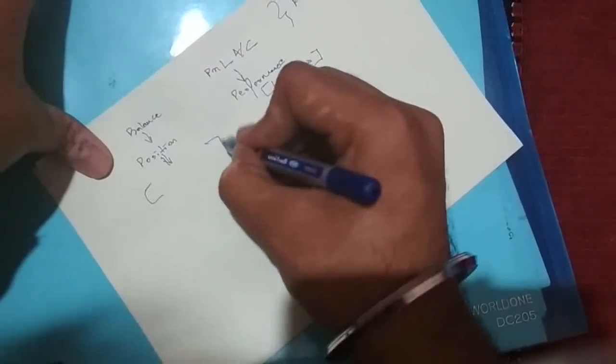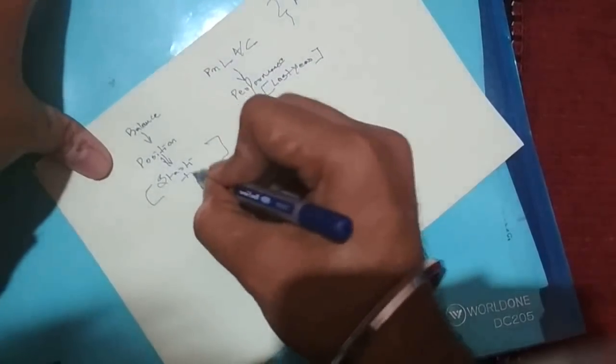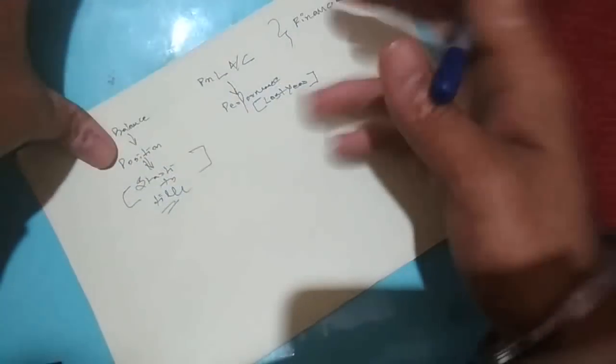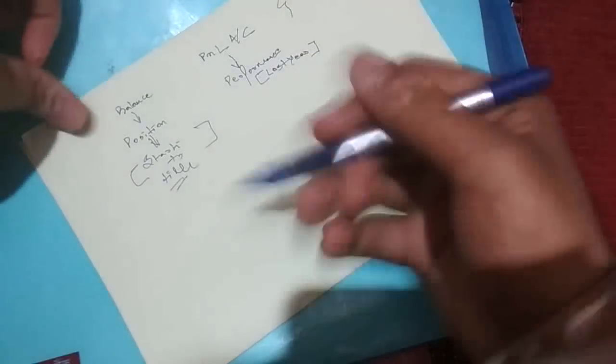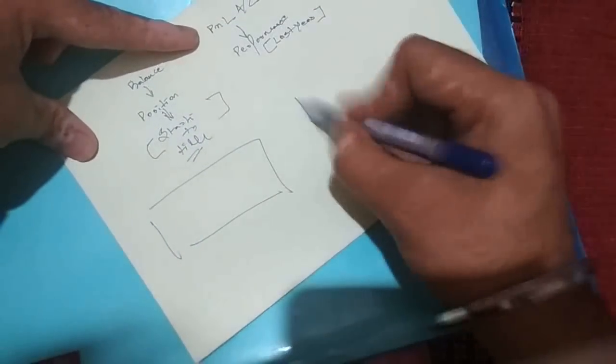It covers everything from the starting till date, while the profit and loss account covers only the performance of the last year. So we will see the formats of the balance sheet and the profit and loss account.